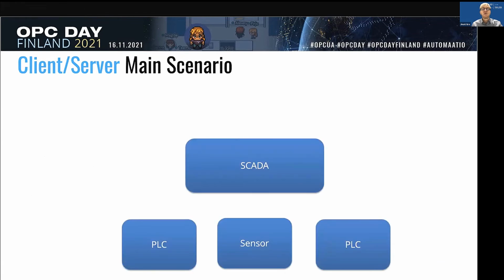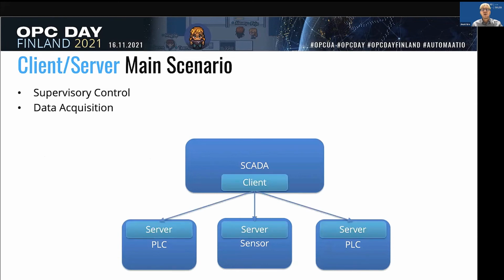The main scenario for the client-server model is this typical supervisory control and data acquisition, where the SCADA application acts as a client towards PLCs or sensors or different devices.